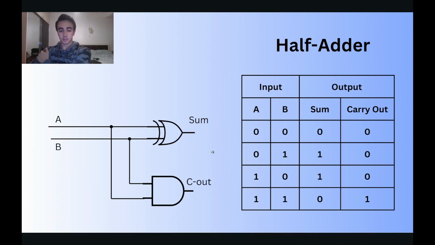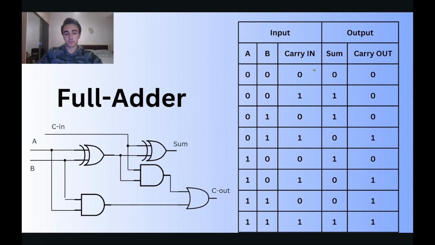However, this circuit is not complete because it doesn't take into account the carry that can be produced from the previous operation. So this is called a half adder because it performs only half of the operation.